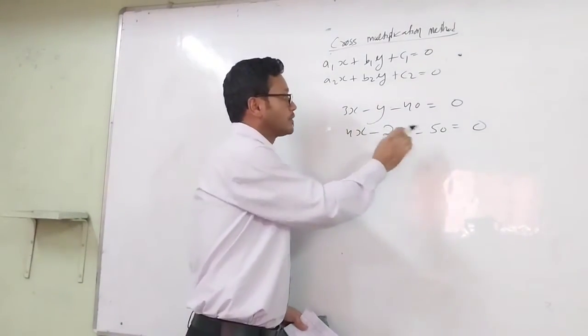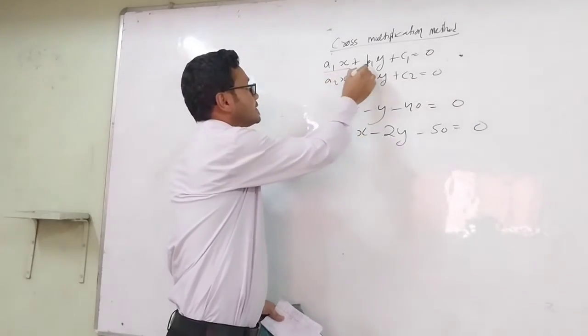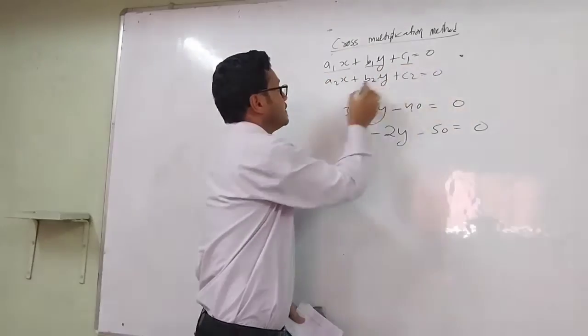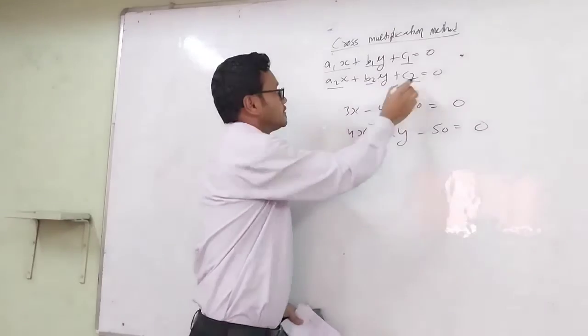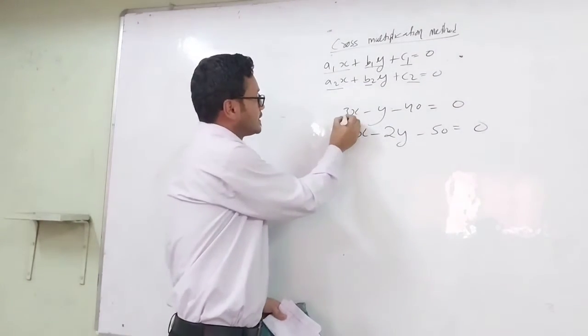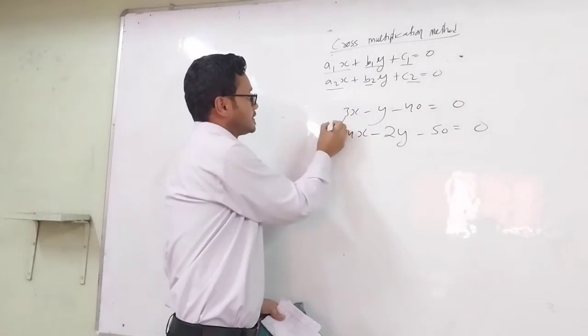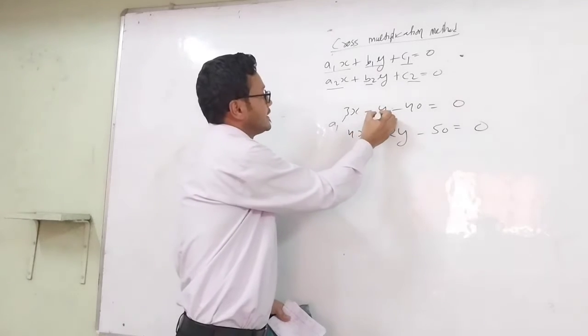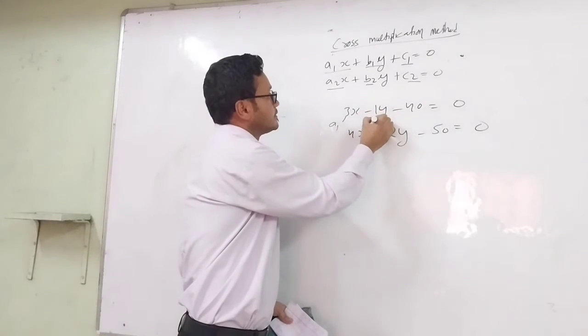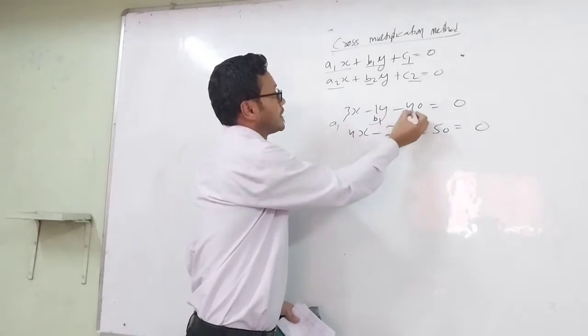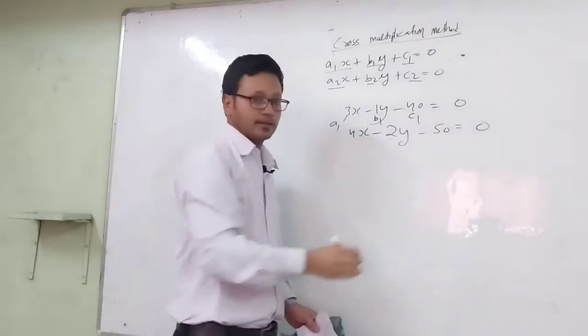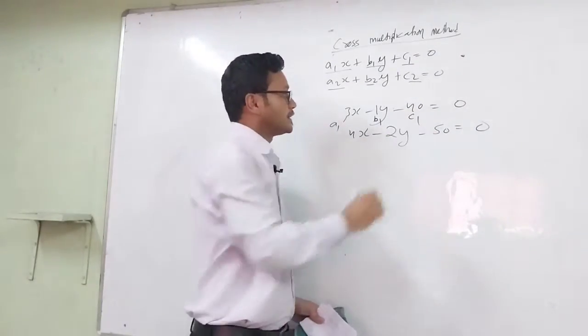See, first term, second term, third term: a1x, b1y, c1 equals 0, and a2, b2, c2 for the second equation. The number near x is a1, the number near y is b1, and 40 is c1.